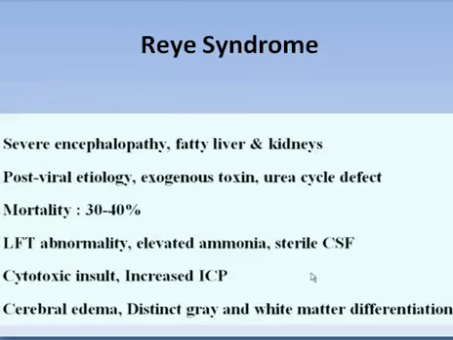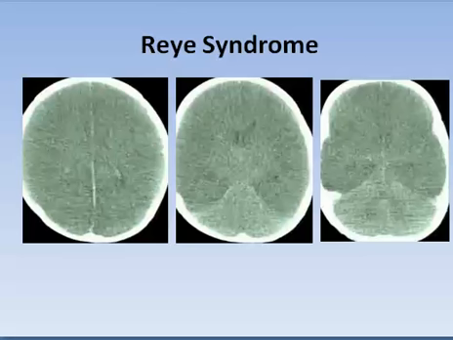Reye syndrome is something related to urea cycle defect, sometimes it is post-viral again. It results in cerebral edema of the diffuse pattern, diffuse cerebral edema, severe encephalopathy. There is fatty liver and there is kidney involvement, and here is the appearance.